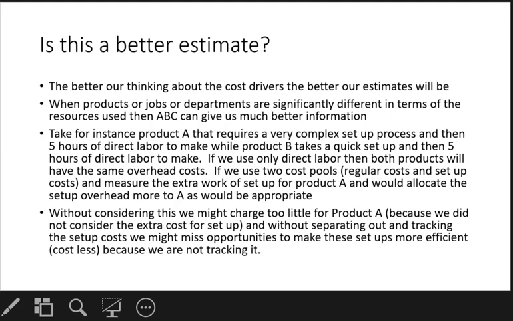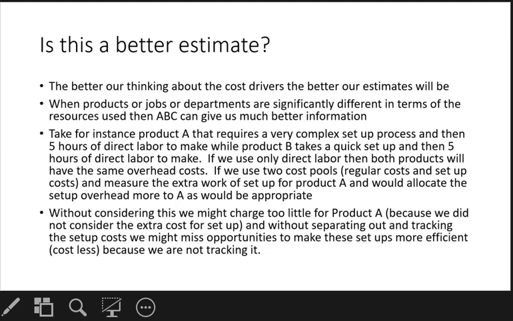Example. Okay, product A requires a very complex setup process and then 5 hours of direct labor to make the product. While product B, and this could be job A and job B, okay, doesn't matter, takes a quick setup, meaning it doesn't take very long, it's not very complicated, but it still takes 5 hours of direct labor to make.